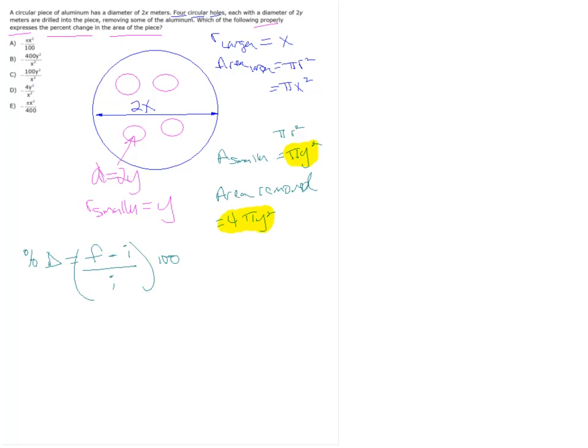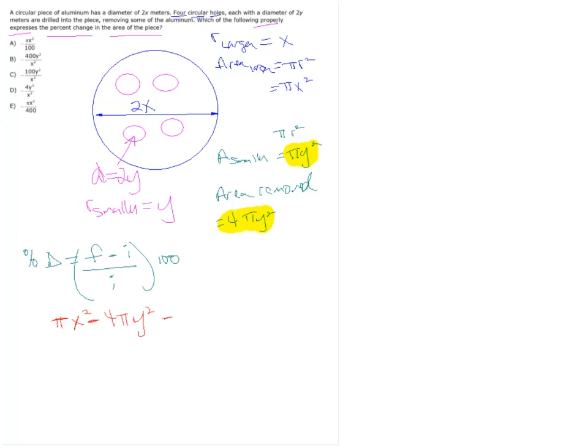Okay, so with that information, we can calculate the percent change. Now watch carefully here. The final value is the initial area of the blue circle minus the 4 pi y squared, which is the area we have removed, those little pink circles.